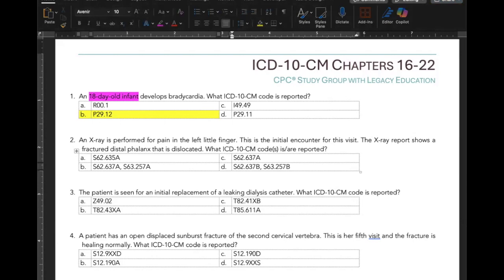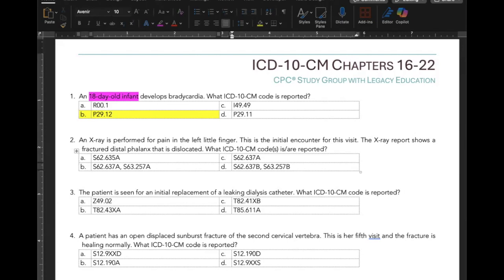Underneath finger, we can go to distal phalanx. Distal phalanx. Yep. And that's under finger, little, distal phalanx, right? Single. Yep. Or you could just go to distal phalanx if you see that those are the same codes. In this instance, you can go to either one.